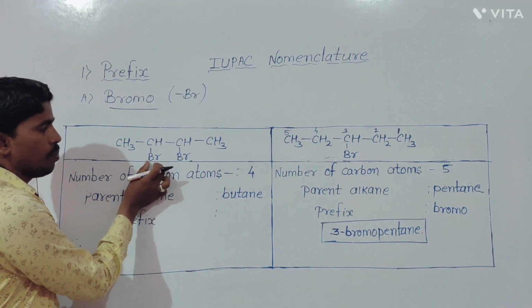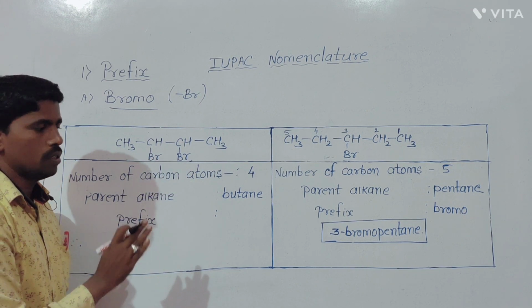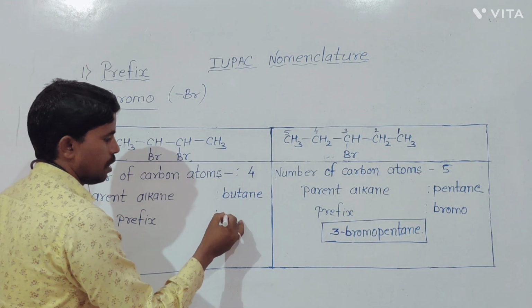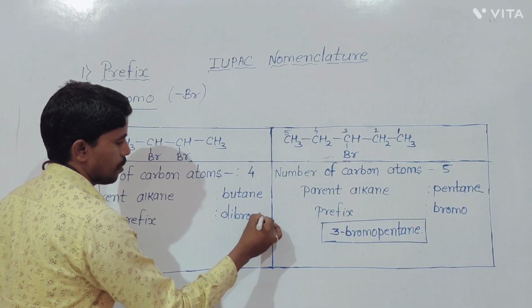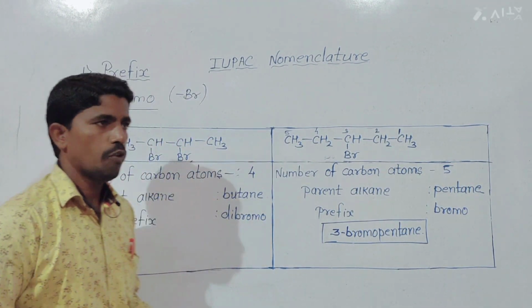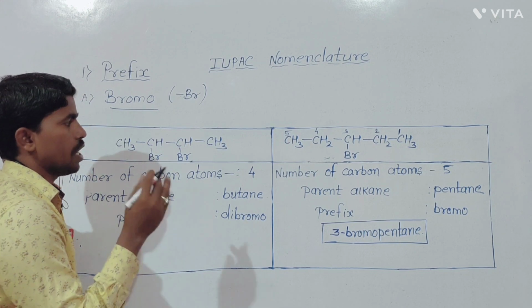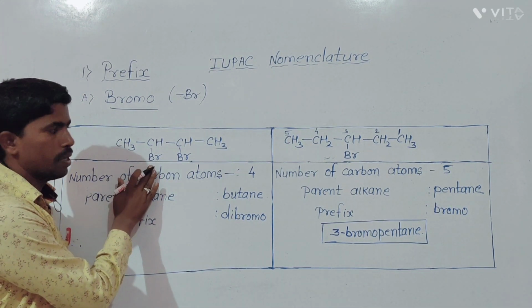We should use the prefix di if the same substituents are attached. Then here take dibromo as the prefix. Then indicate the position number of bromine. For this, we should start numbering from any terminal carbon atom which is closest to the bromine.